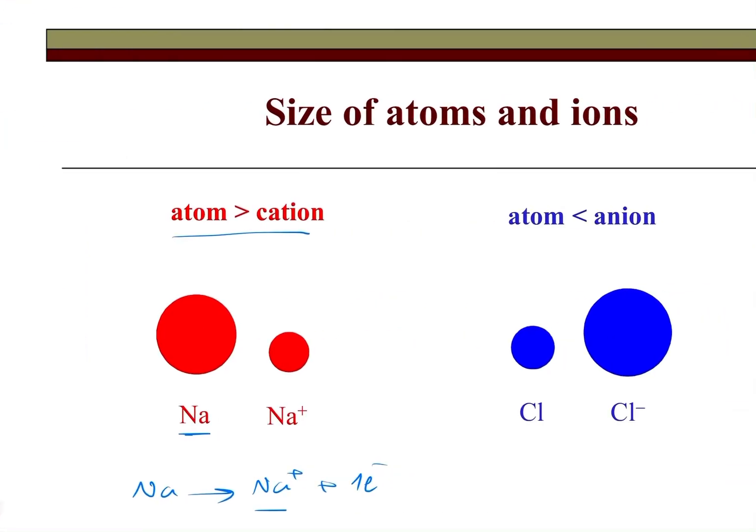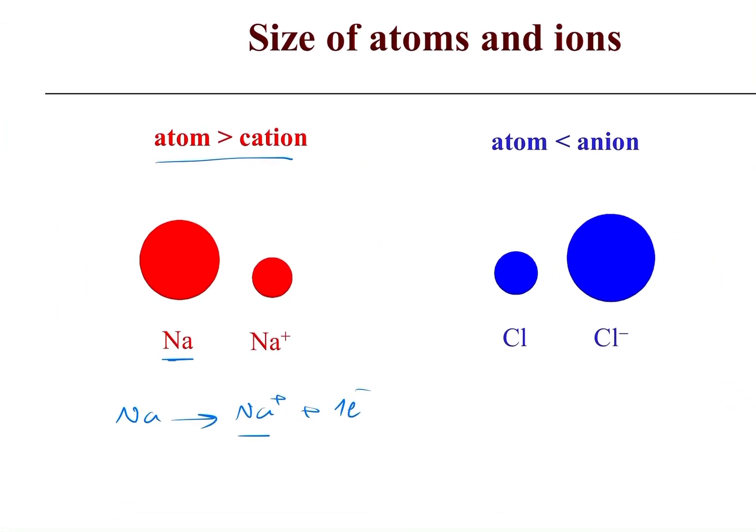If sodium loses an electron, its electron configuration becomes that of neon. Because it loses 1 shell, the shell number decreases, and because of it the radius decreases. But if we increase the electron number, in an anion, chlorine accepts an electron and becomes Cl minus. In Cl minus, the radius increases because the number of electrons increases. It is very important.